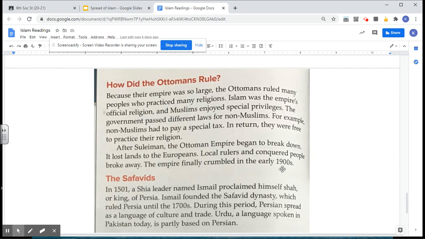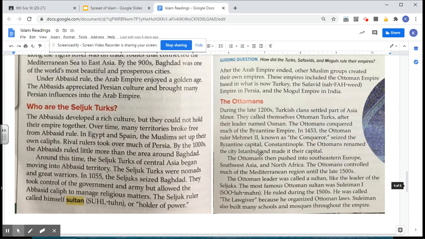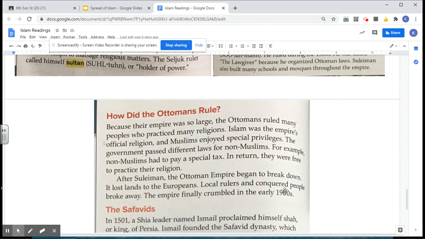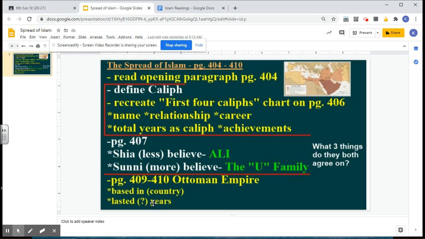In fact, the reason the Ottoman Empire eventually crumbled is because of the outbreak of the First World War. So this lasted an actual pretty long time. If you do the math here, we go from about the 1200s to the 1900s, so we've got about 700 years as our answer.